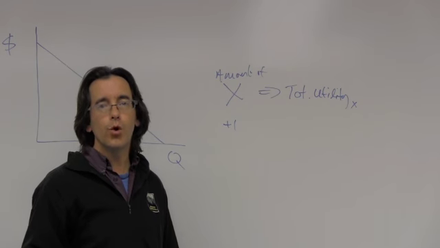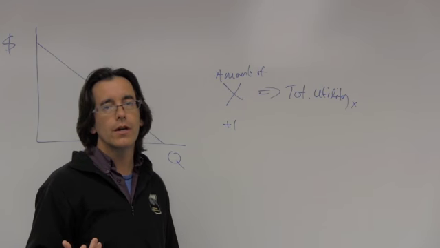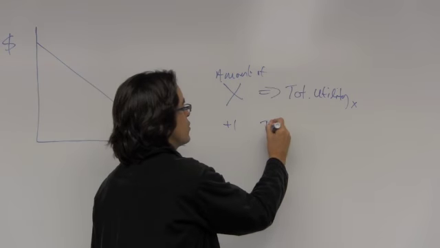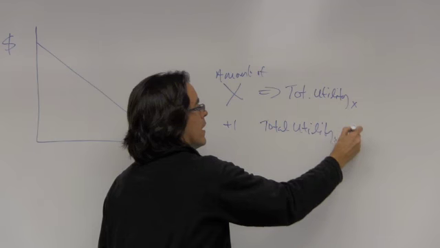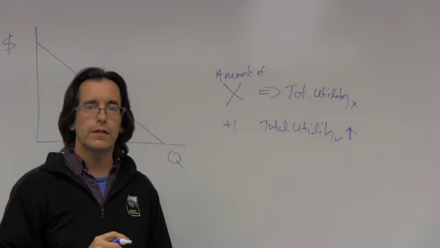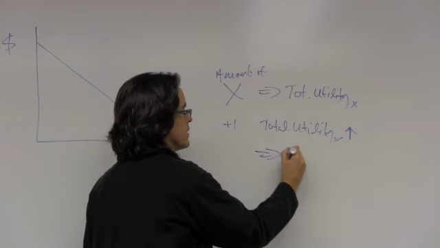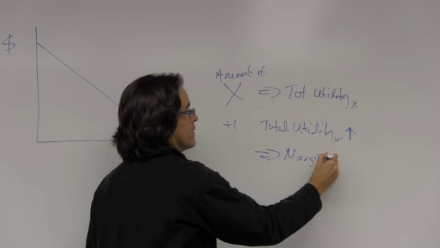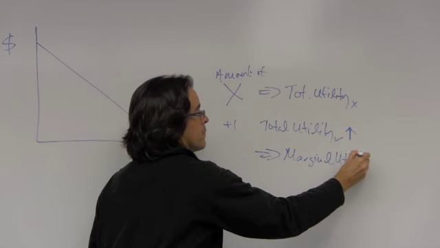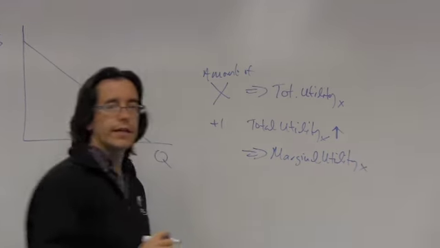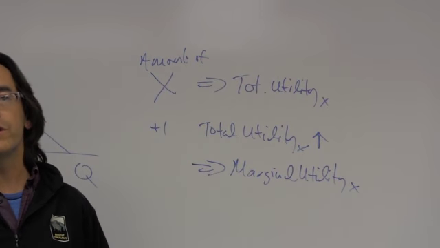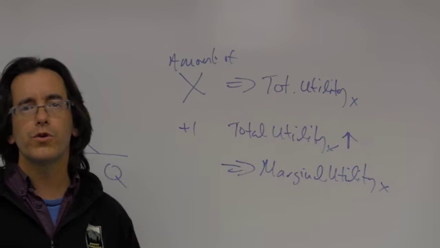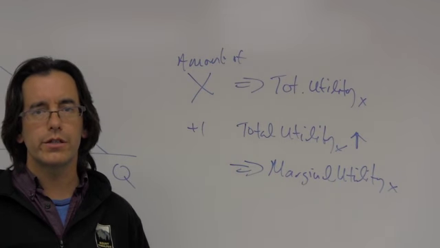Well, if we consume another unit of X, we increase our total utility of X a little bit. And so that gives us the marginal utility of X. All marginal utility is telling us is, if you increase your consumption of the good by 1 more unit, how much is total utility going to change?